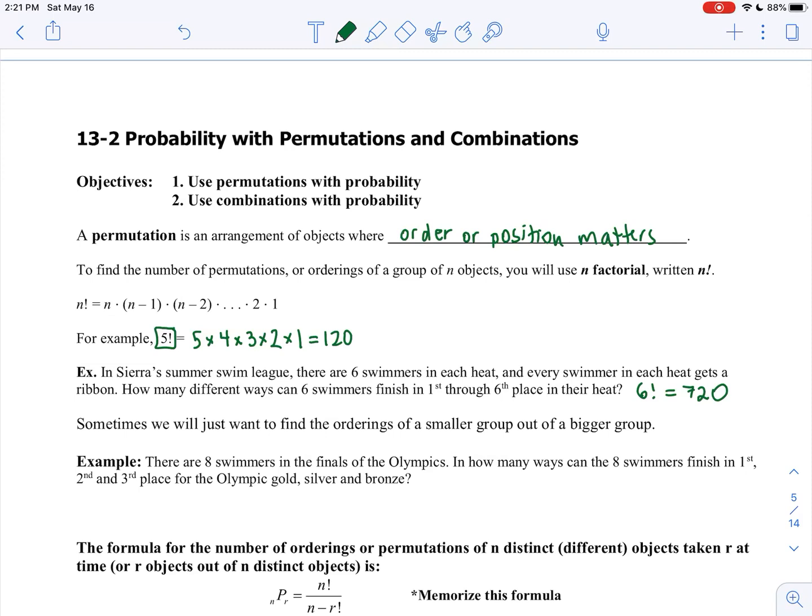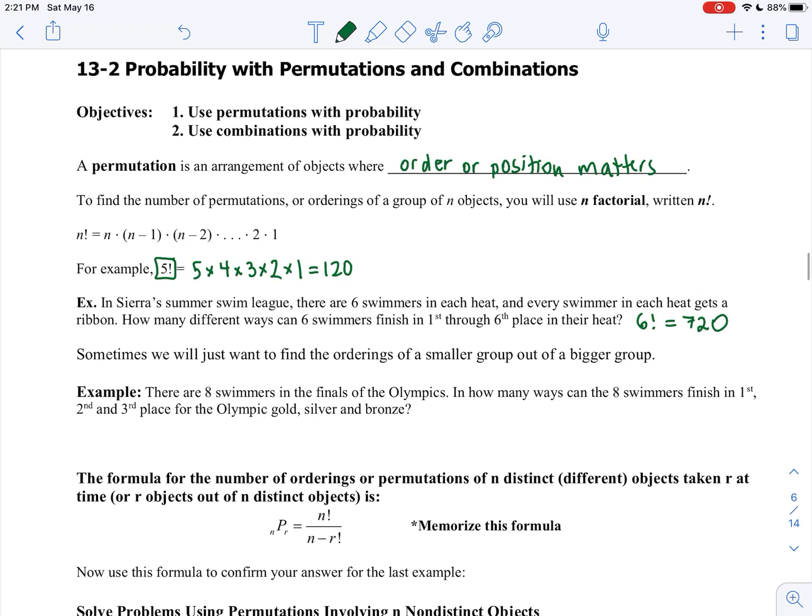This time, however, we have 8 swimmers to choose from, but only 3 awards to give. If we first think of it without factorials, there are 8 swimmers to pick from for the first prize, then 7 because the first person has already been selected, then 6. So that answer gives me 336.